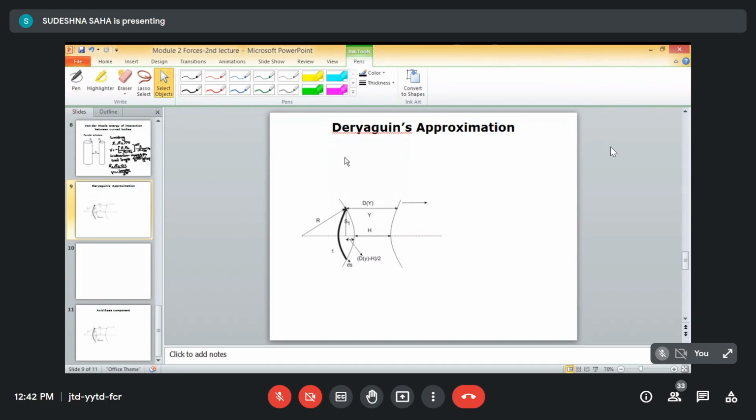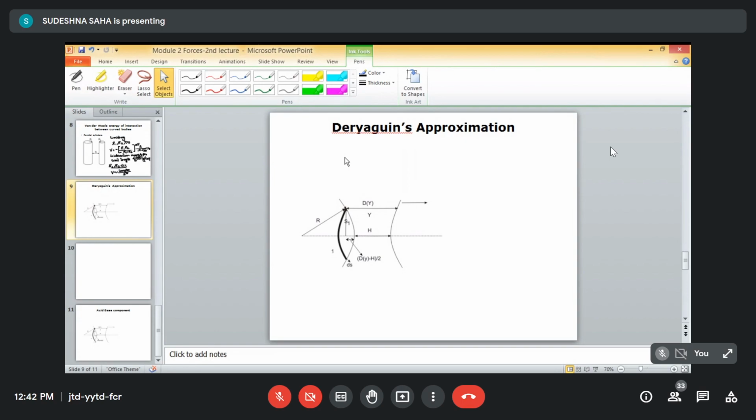With the help of this approximation, Derjaguin said that the interaction energy between two spheres or cylinders can be calculated by integrating the interaction energy between two flat plates.